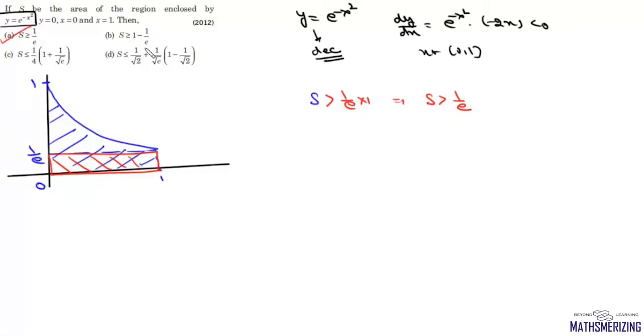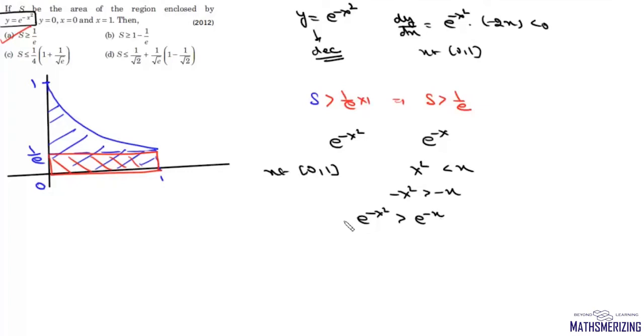Now for second option, what we can do is we can compare this function e to the power minus x square and e to the power minus x. Now when x lies between 0 and 1, x square is less than x, minus x square will be greater than minus x, that is e to the power minus x square will be greater than e to the power minus x.